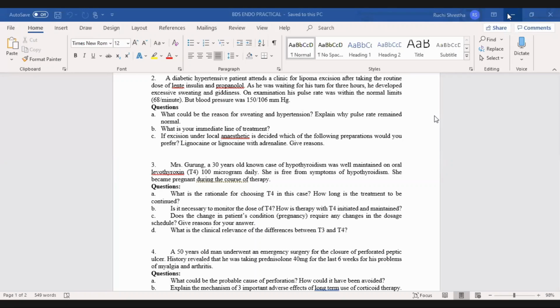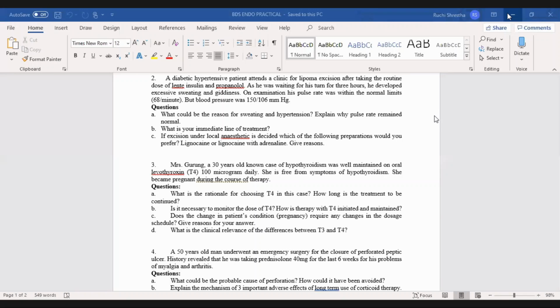Okay, so the answers to the other questions. Is it necessary to monitor the dose of T4? Yes, it is necessary to monitor the dose of T4 because its overdose can cause hyperthyroidism. How is therapy with T4 initiated and maintained? T4 is normally initiated by giving a single morning dose.